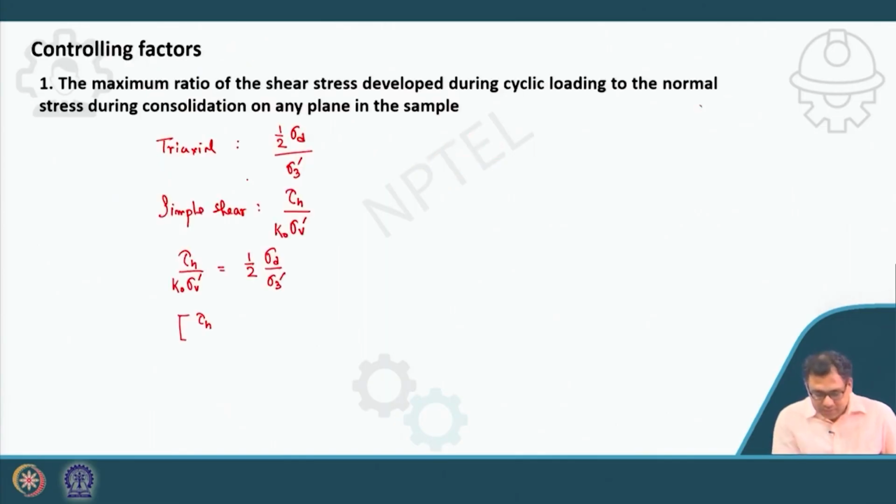So I have to convert this way: tau h divided by sigma v dash or bar, this is for simple shear, that is equal to k0 times half sigma d divided by sigma 3 bar, that is for triaxial.